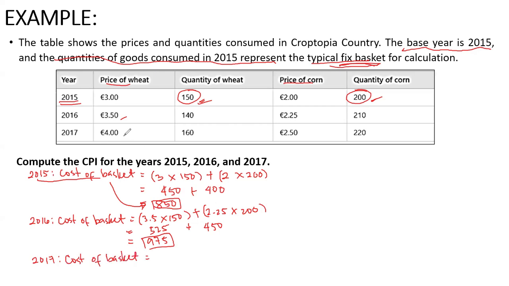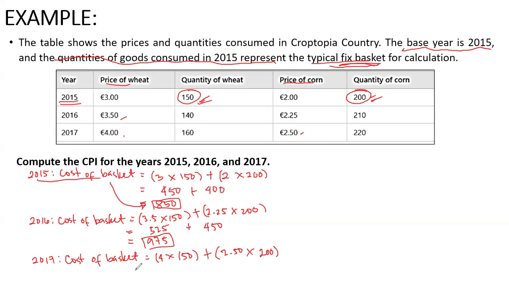Here we are going to use 4 euros as the price of wheat and multiply it again with the fixed quantity of wheat, which is 150. Then for the corn, we will be using 2.50 as the price because that's the price in 2017, multiplied by the fixed quantity of corn, which is 200.